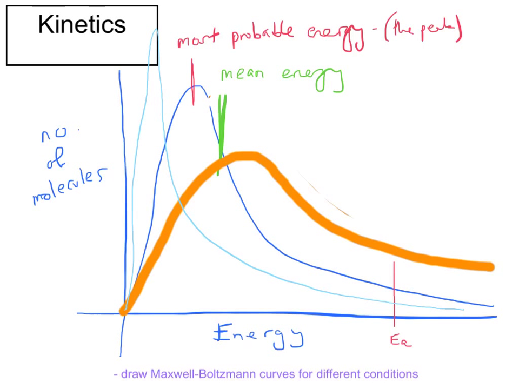So this peak would represent a temperature which is lower than this temperature here. If you're using a catalyst, then the activation energy moves rather than the distribution of molecules, and so with a catalyst your activation energy would move further to the left.